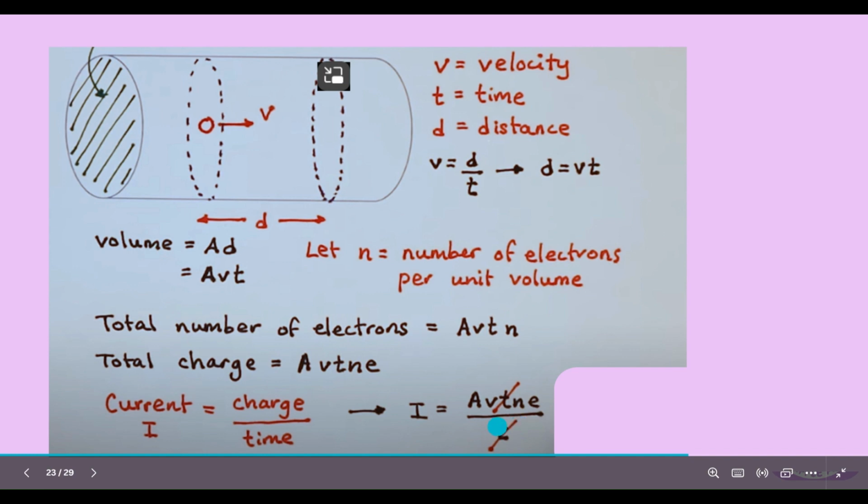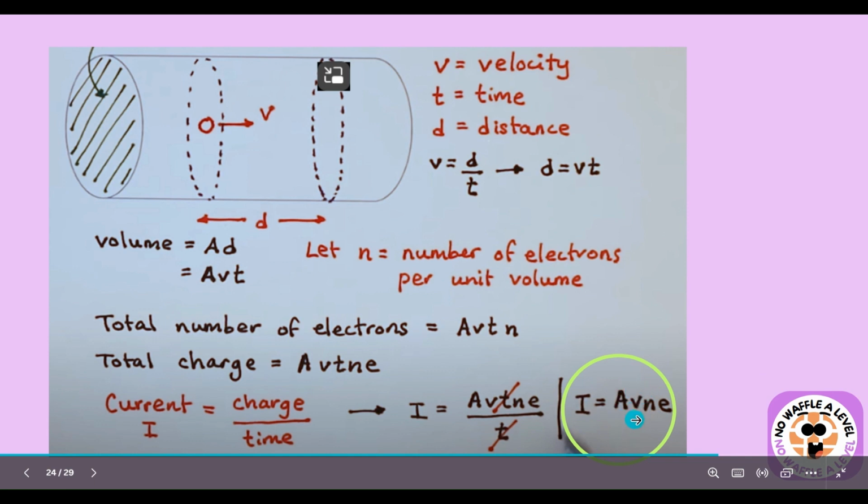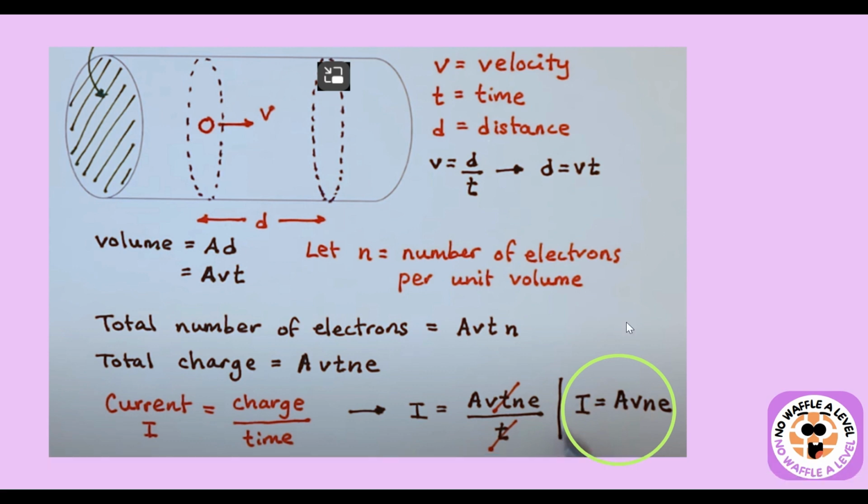And you can cancel out the time, so you know, therefore, that current is equal to the area times the velocity times the number of electrons per unit volume times the electronic charge. And the v could also be drift velocity as well. So that's how we derive the drift velocity equation. This is a really nice derivation, so I'd recommend you look into it, and we'll look into a lot more in the course of physics as well.